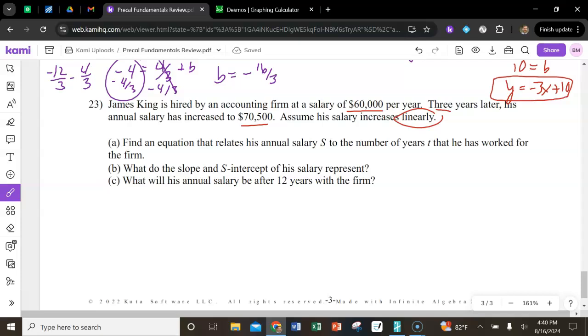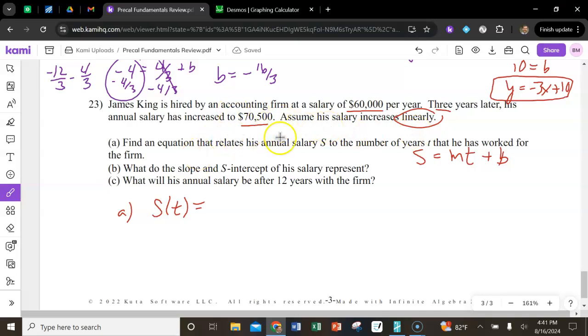So basically, instead of y equals mx plus b, it's asking you to do S equals mt plus b, but it's still y equals mx plus b. So for part A, his salary as a function of t, the way I would find the slope is his salary increased $10,500 over a span of 3 years.